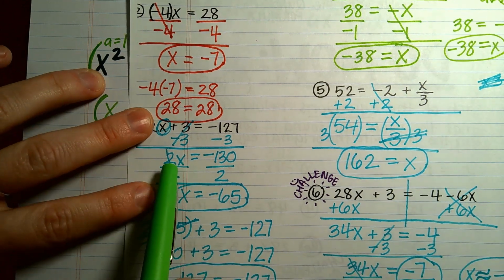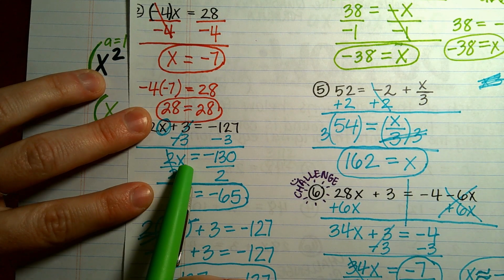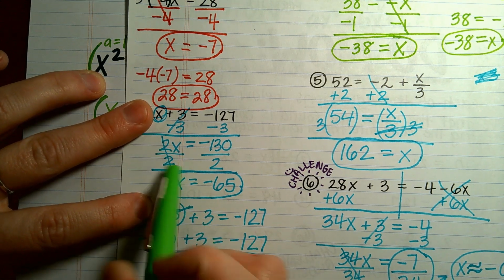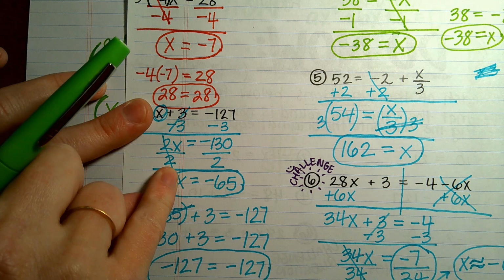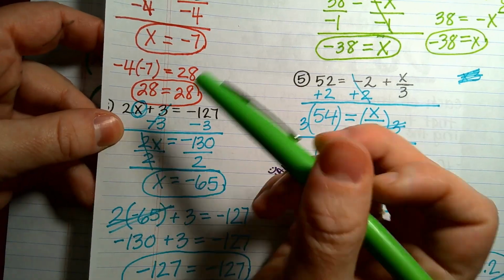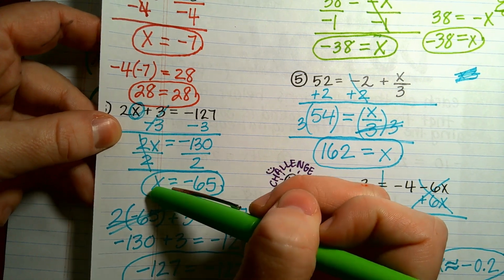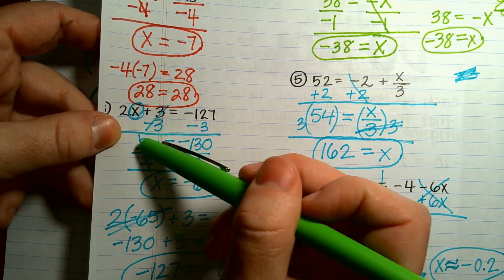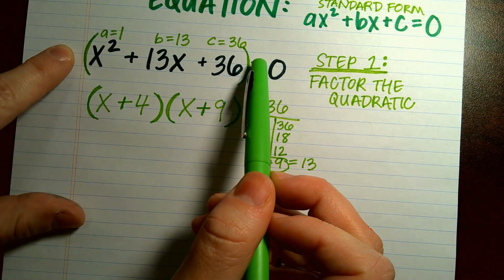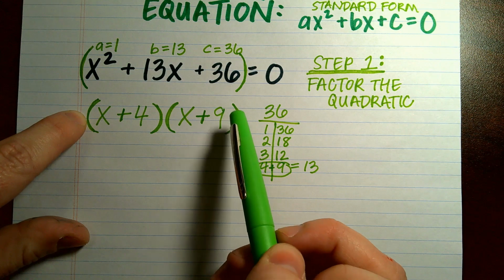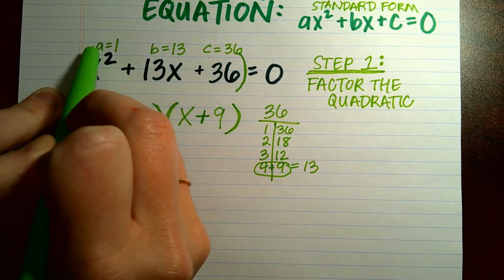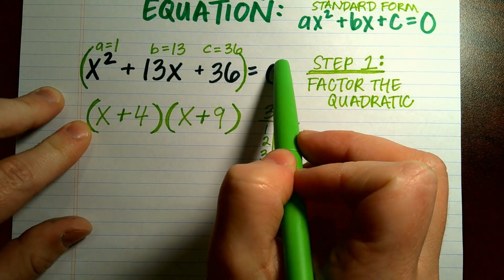Whenever I got to 2 times x and I divided by 2, I was using my inverse operations. I did the opposite thing here. Basically, I separated it into my factors. 2 times x gives us those 2x. We just reversed this into what I need to multiply together to get that original quadratic equation.